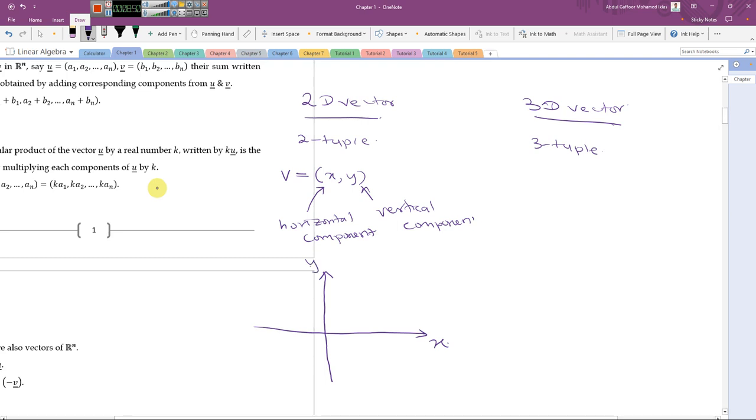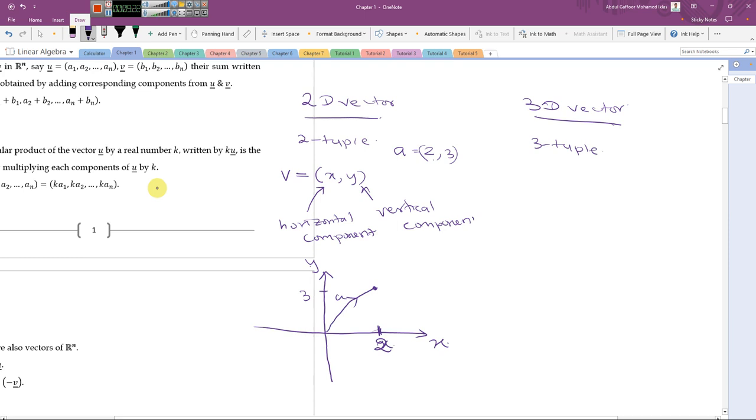Okay, so x comma y, so let's say this is the value for x and this is the value for y. So if I take an example, a is equal to 2 comma 3, then from the origin horizontally I have to move 2 units, right? So this is 2, and vertically I have to move 3 units. Let's say this is 3, and if I denote this point, this will be my A.